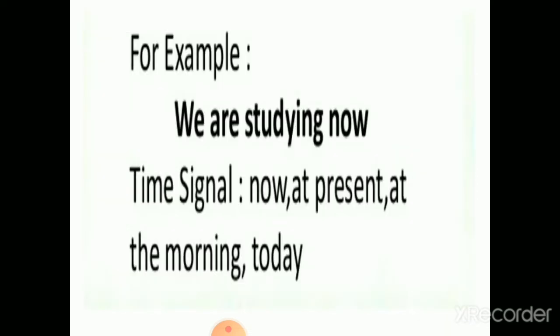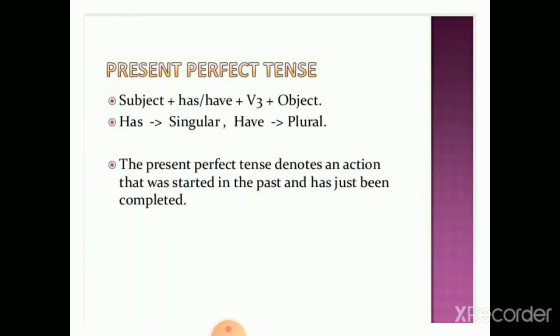We can take an example, we are studying now. The word now shows the present time. Now, at present, in the morning, today, all these are the time signals for present continuous tense.